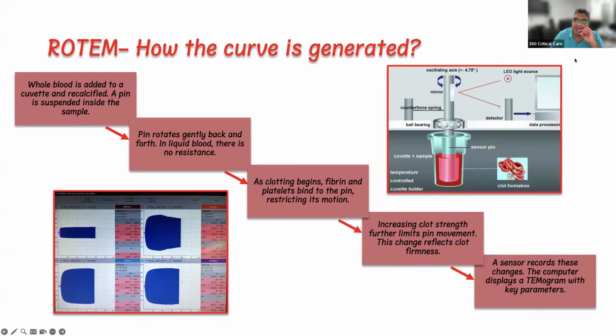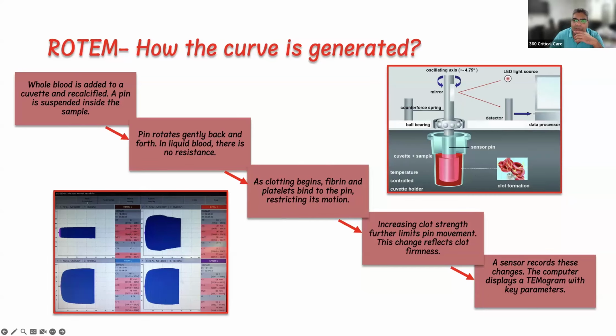Initially there is no resistance, but as the blood starts to clot, there is an increased resistance in the cuvette, and that modifies the movement of the pin, giving you a particular shape of curve, which we call a temogram or the ROTEM curve.